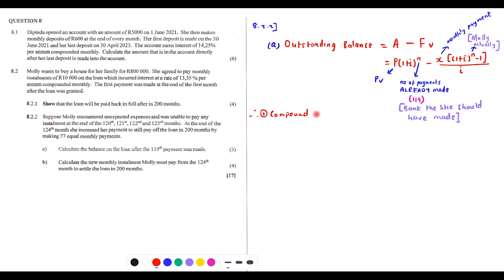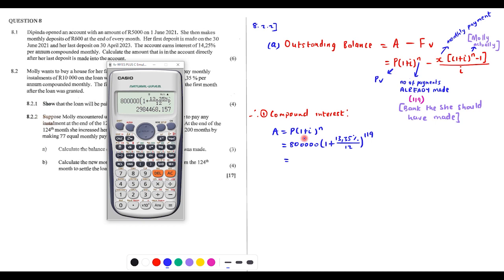The compound interest part of the formula is A equals P times (1 plus i) to the power N. Now P is the PV, so the loan is 800,000. 1 plus the interest, which doesn't change, over 12, but the payments that the bank anticipates she should have already made by now is 119. So we're going to put in the 119 there. All right, now let's go ahead and press this on a calculator.